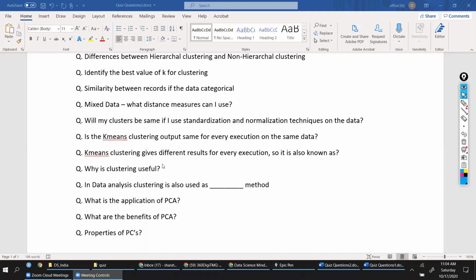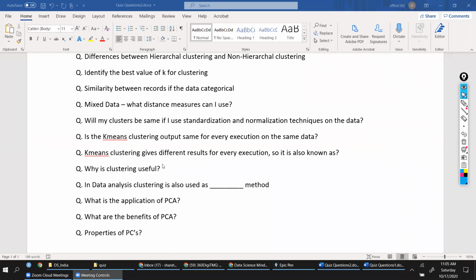These principal components are captured in such a way that you get the equal size of dimensions as your original data set. So if you have n original columns, then your principal components will also be equal to n.